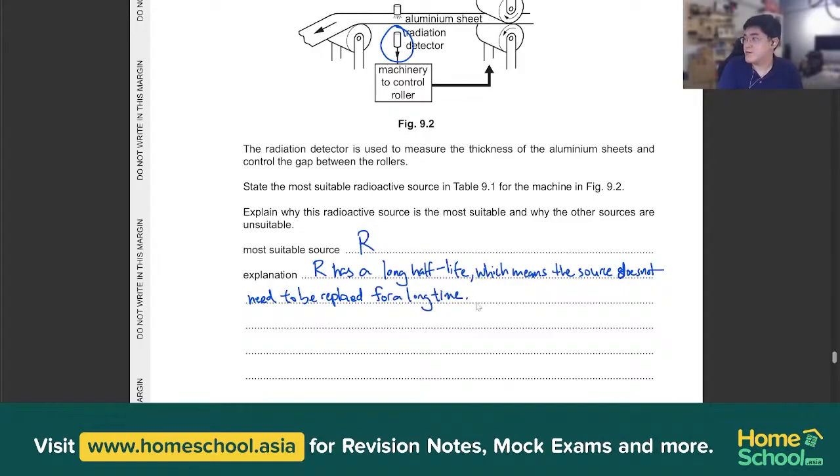Now this is the first mark we want to add.